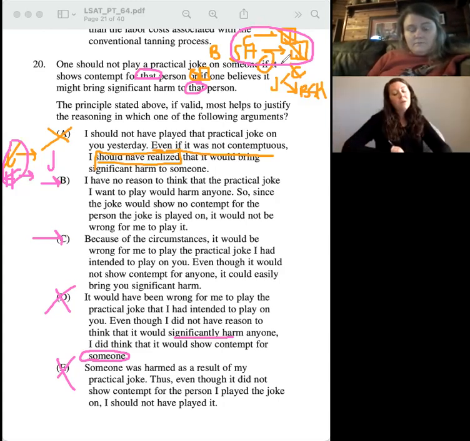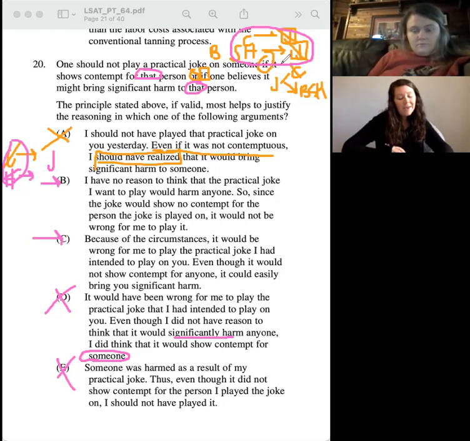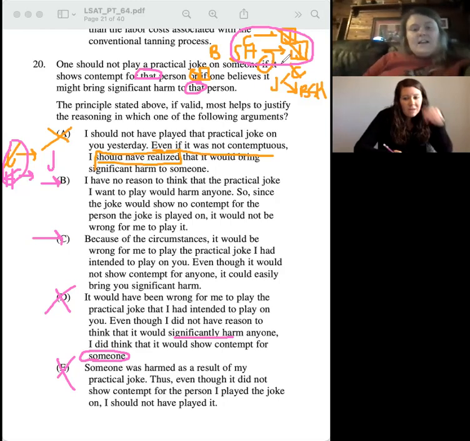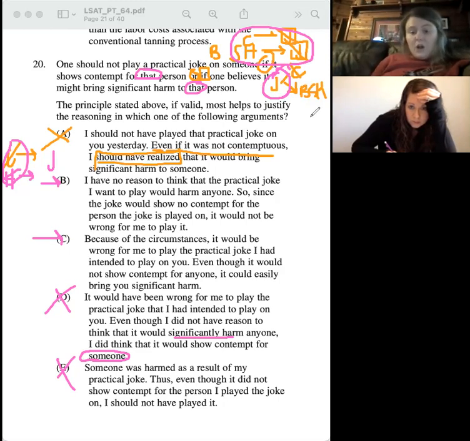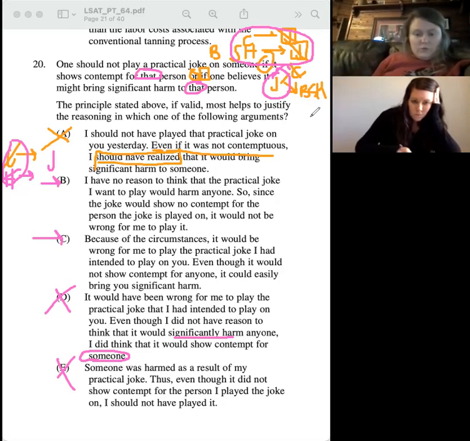I get really confused because I can't go backwards on this question. We would have to know for certain that it was okay to play the joke. Knowing that it didn't have contempt or belief that there was going to be harm isn't enough to guarantee that there's not another reason that the joke was wrong.